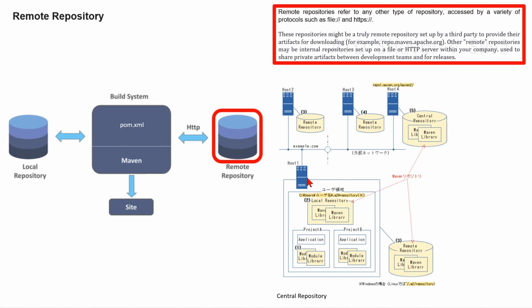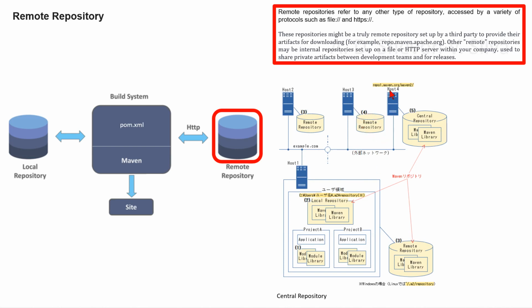Host 1 interacts with host 2, and host 2 interacts with the remote repository via example.com. Host 1 interacts with host 3 via example.com, and host 3 interacts with the remote repository.